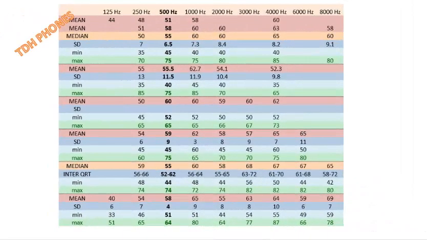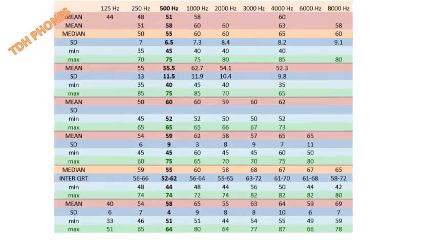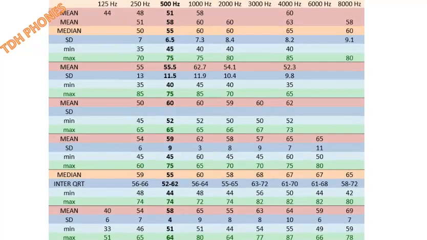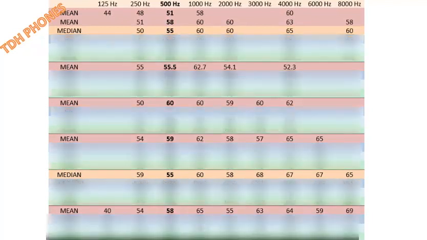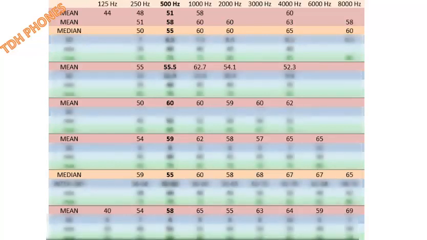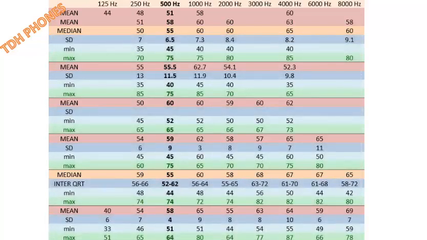We're looking at results of a survey on interaural attenuation from various research papers that looked at the issue for TDH-style headphones. Let's take a look at 500 Hz. First, we see that the mean median values fall somewhere between 50 and 60 dB. So that's kind of an average amount of interaural attenuation for those headphones when we're delivering 500 Hz pure tone signals.